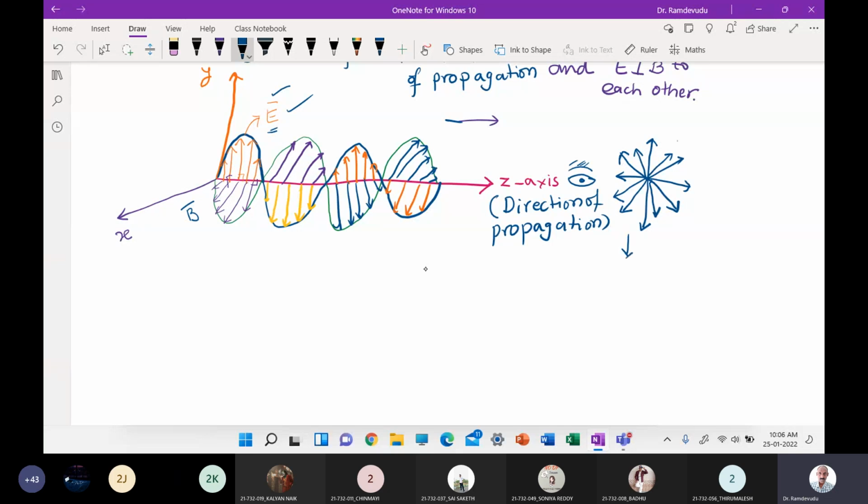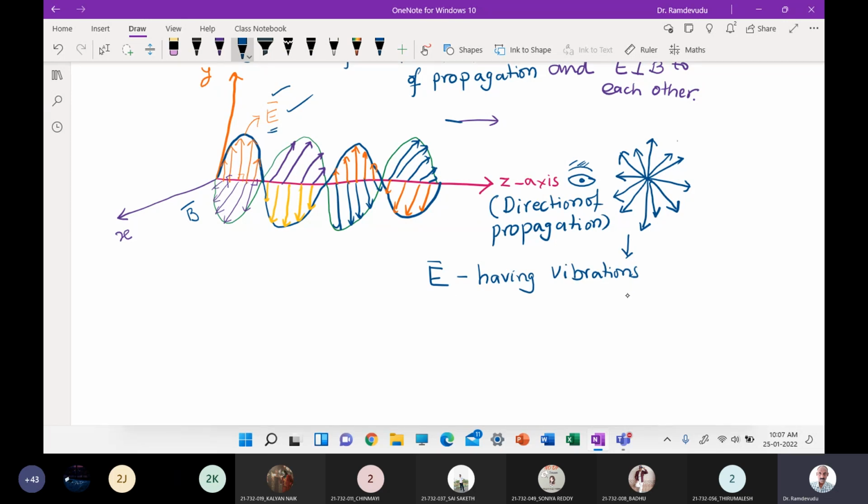That means E vector is having vibrations as it propagates, because E vector goes on turning, rotating. It is rotating and moving. That's why we have a B vector.